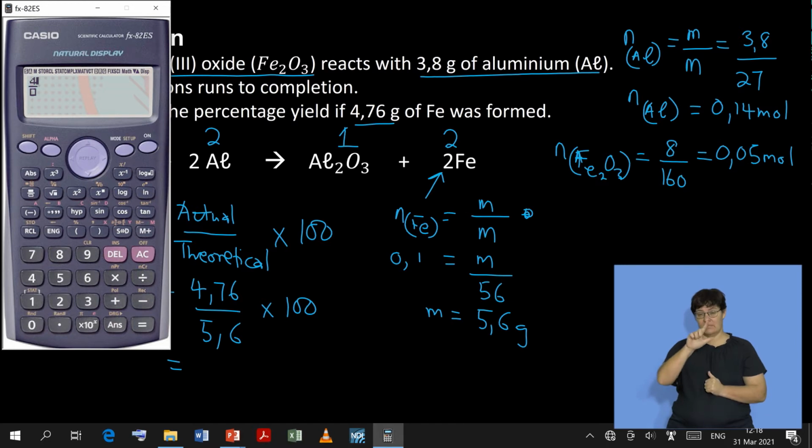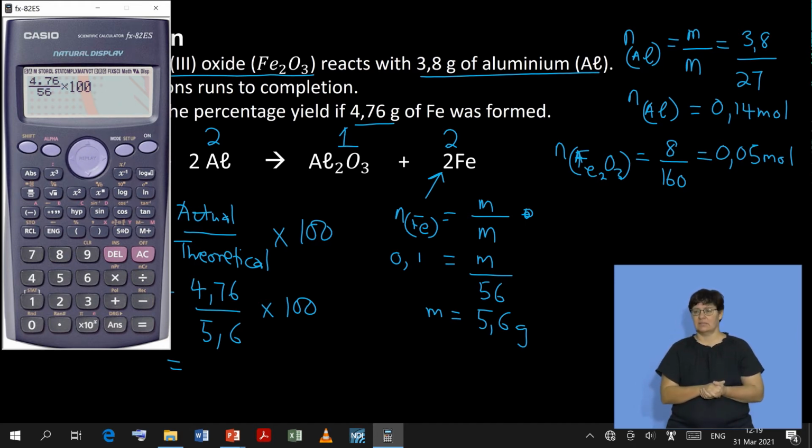We've got 4.76, which is what was actually formed, divided by what we expected from the stoichiometric ratio, which is the theoretical, which is 5.6. Then we multiply that by 100. This is going to give us the percentage purity. Actually, that's 5.6, if we can quickly go back and correct that.